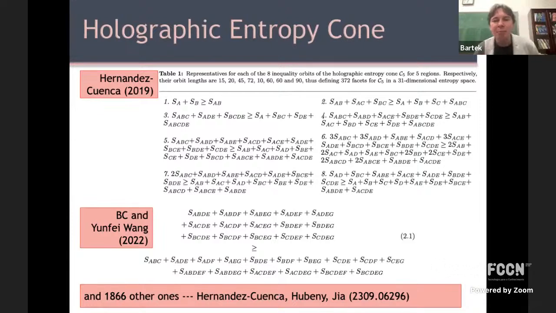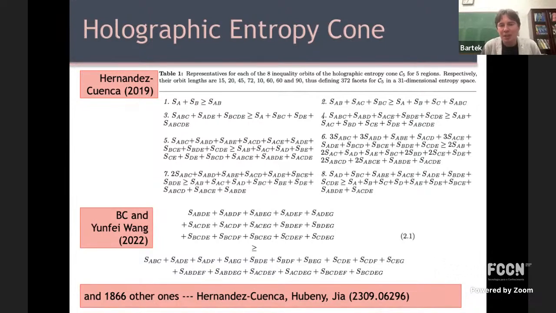So at present, the holographic entropy cone program has revealed the following necessary conditions on entropies, if I assume these are entanglement entropies or von Neumann entropies of subsystems, if I assume the Ryu-Takayanagi proposal. And here's a table.